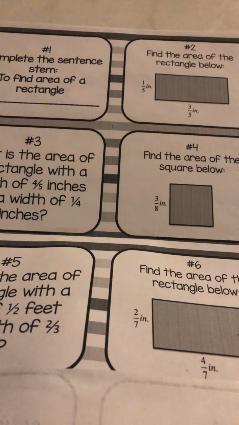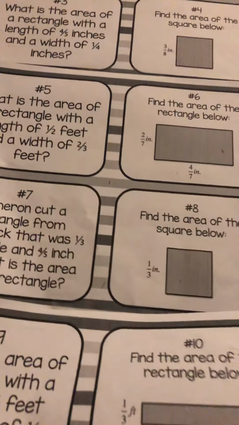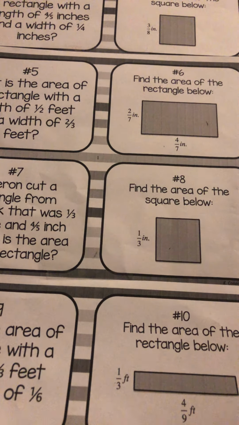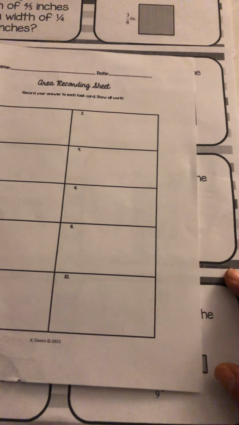Whew. All right, so the work you guys are gonna do is located on Google Classroom. You can print these task cards out, or you can just take a look at the document. It's a PDF. There are 10 of them, and you can figure out the answers. If you are gonna print them, you can print out the recording sheet and save this for tomorrow.